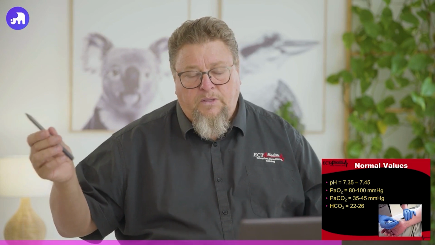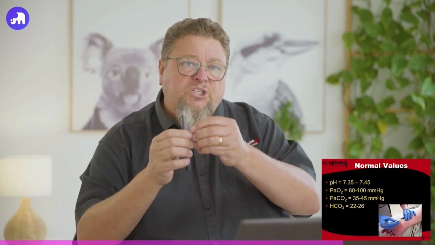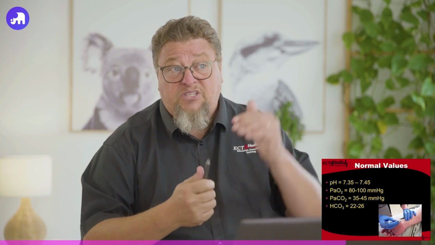again maintaining a normal pH. So it should stand to reason that if your bicarbonate levels went through the roof, your blood would become alkaline. If your CO2 levels went through the roof, and you can think of some medical diseases where patients' carbon dioxide levels become grossly elevated, the CO2 retention that we see in a COPD patient or a patient with a severe chest infection is a great example of that.